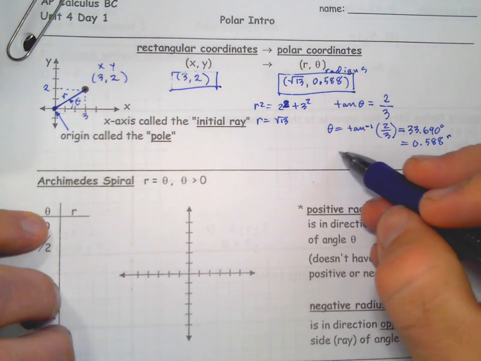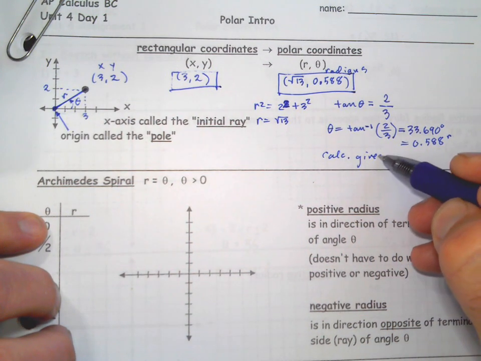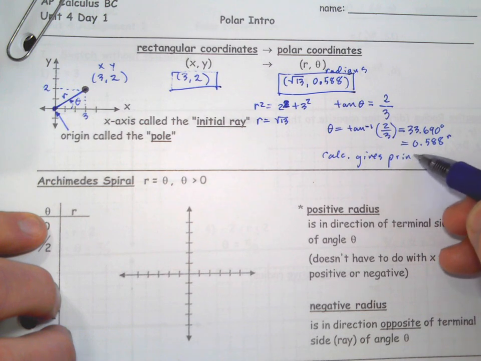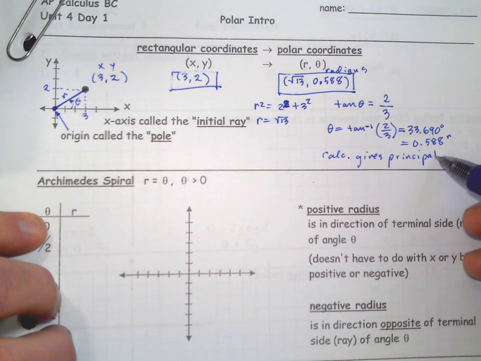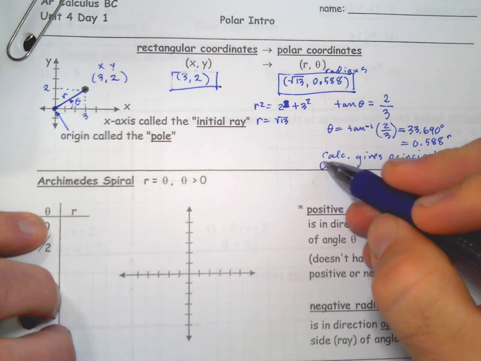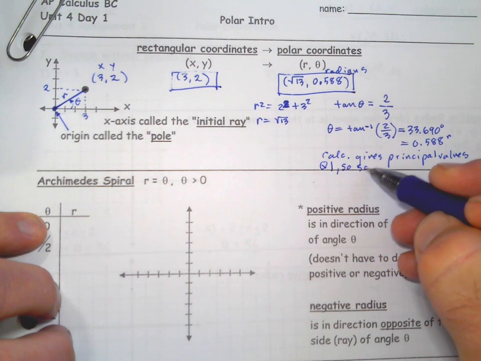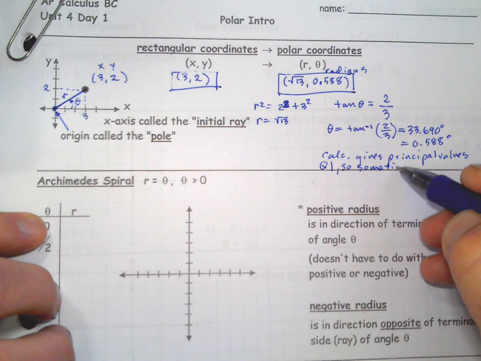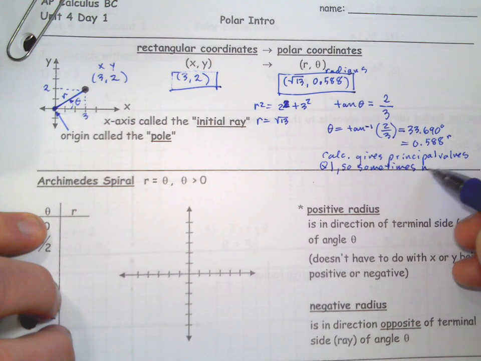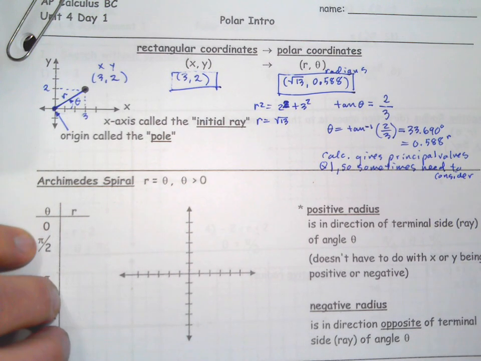In general it gives you principal values, so for anything positive it's always going to be quadrant 1 for sure. Sometimes you're going to need to figure that out because you might not be in the first quadrant. In this particular problem we were in the first quadrant, so it made sense.